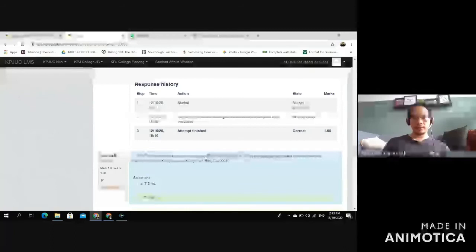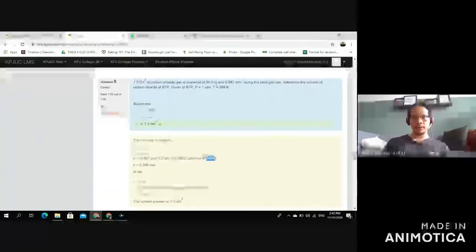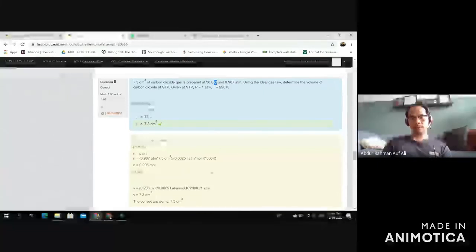Okay, kenapa? Remember, kamu mesti convert degree Celsius kepada Kelvin. So remember, nak convert dari degree Celsius kepada Kelvin, tambah dengan 273. Okay, so here sepatutnya 303. So 30 tambah 273 jadi 303 Kelvin.